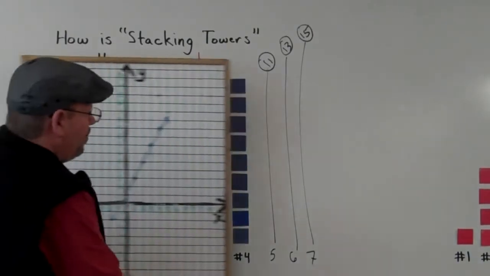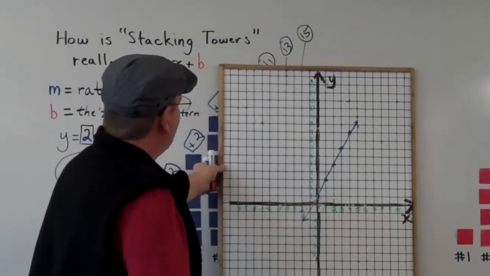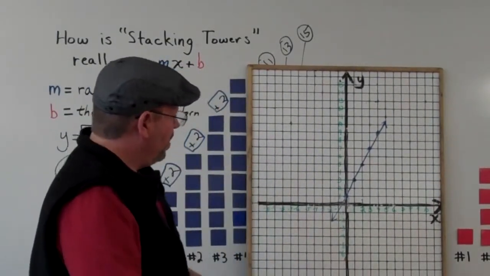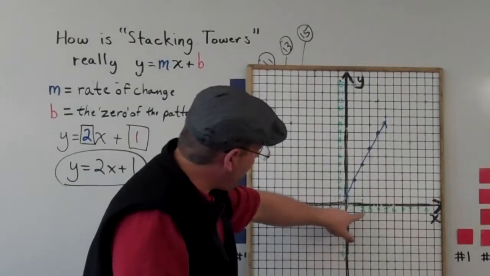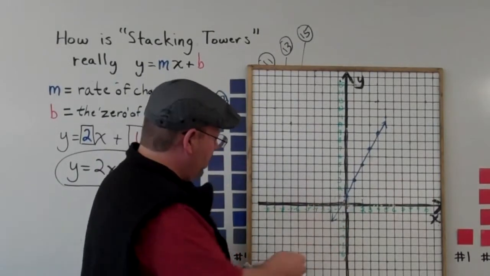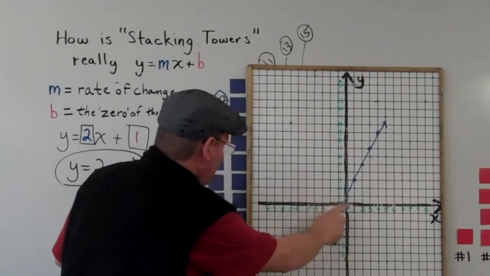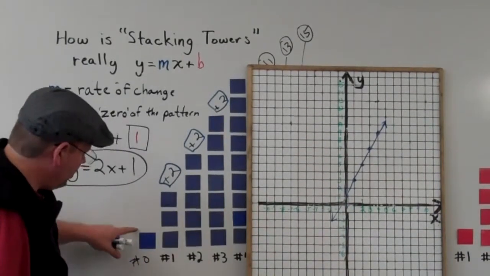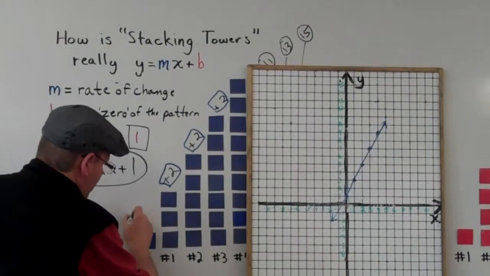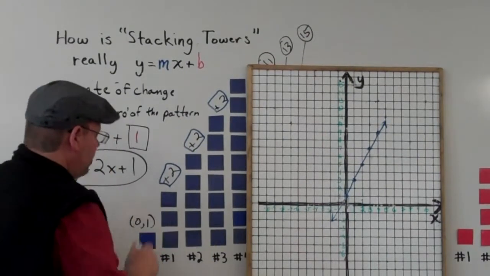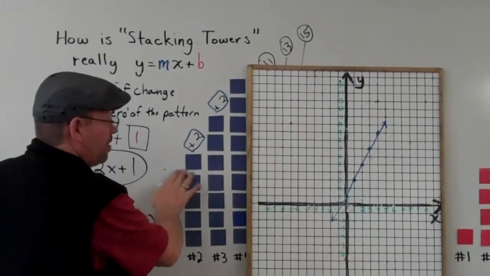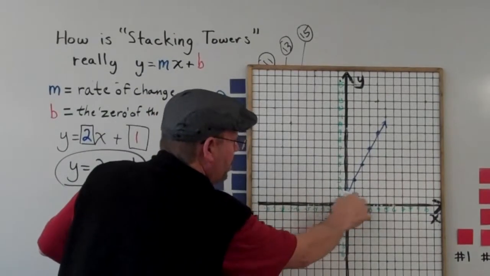To translate this into a graph, that 0 tower is when x equals 0. We can plot a point at 0, 1: 0 and 1 high. Then we can plot another point at 1, 3.